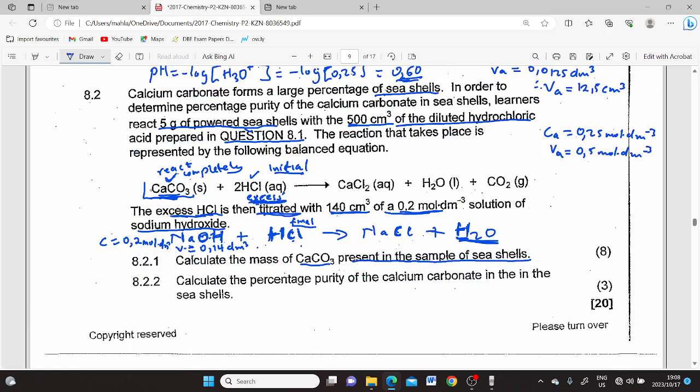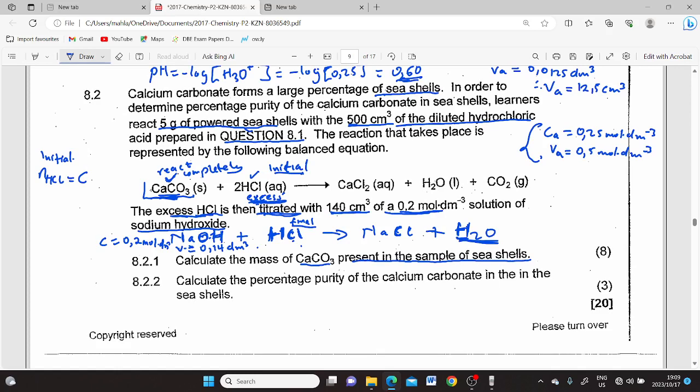So where do we start? We can start from the initial. Do we have the number of moles of HCl initially? The number of moles of HCl, that is the initial part. Before it was in excess, we have the number of moles from reaction one that was prepared.